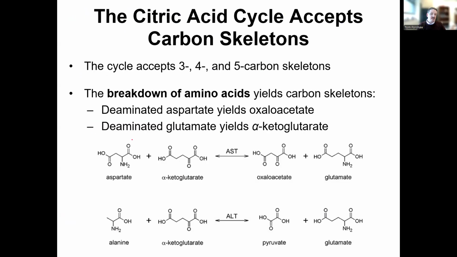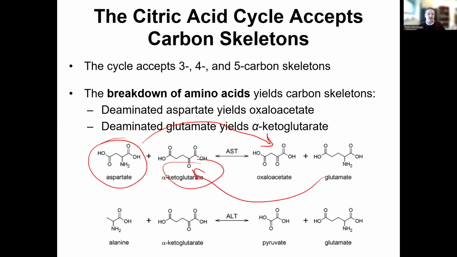Like for instance, aspartic acid can be converted into oxaloacetate, or glutamate can be converted into alpha-ketoglutarate. Alanine can be converted into pyruvate.